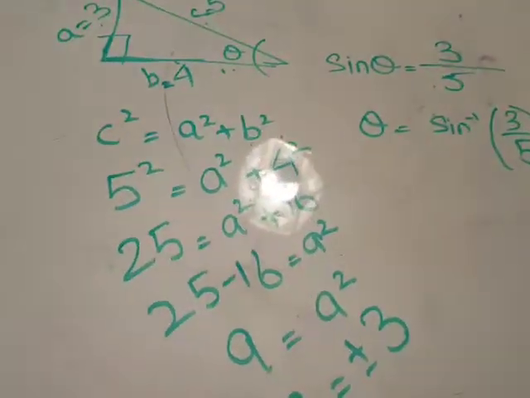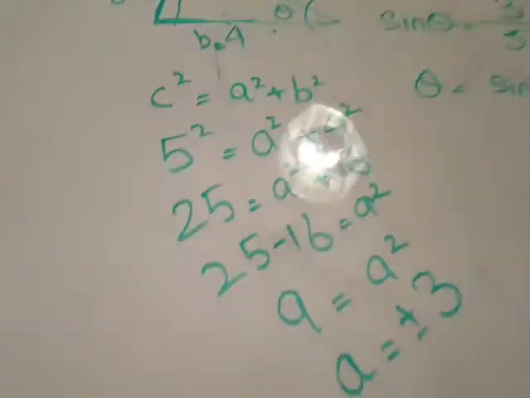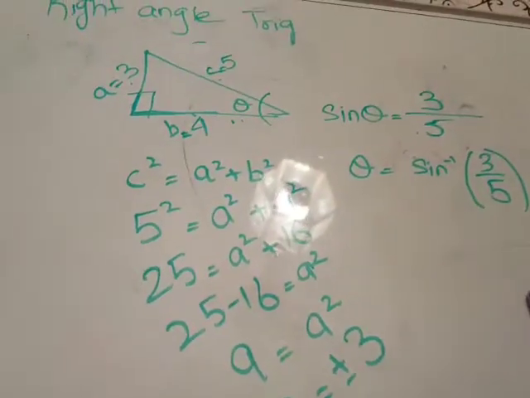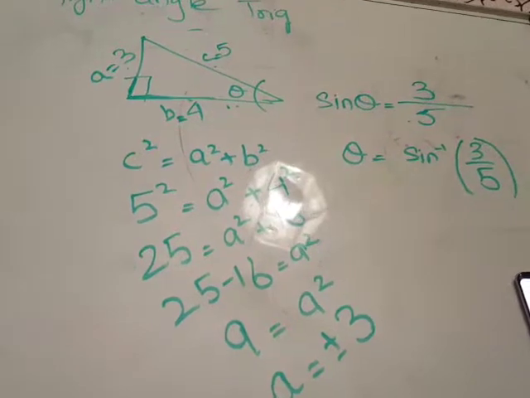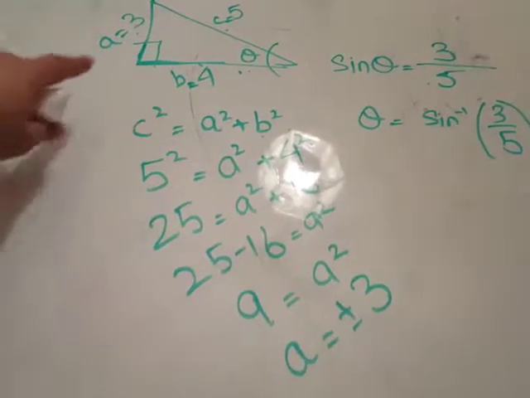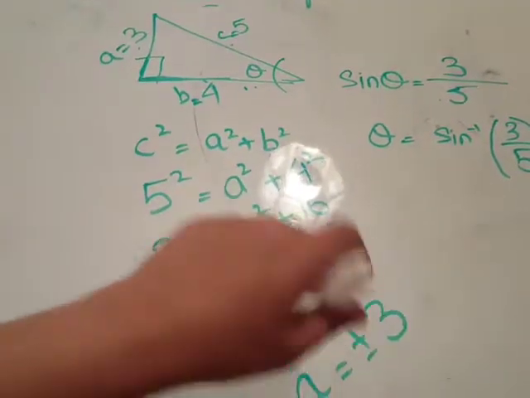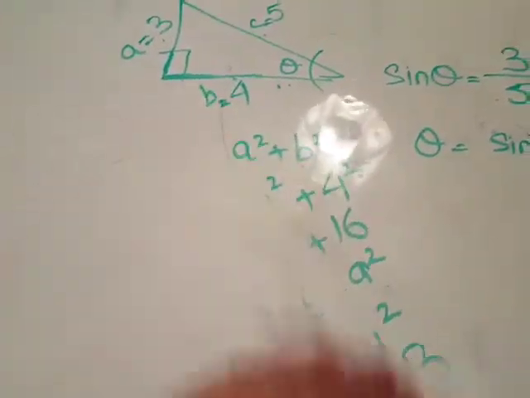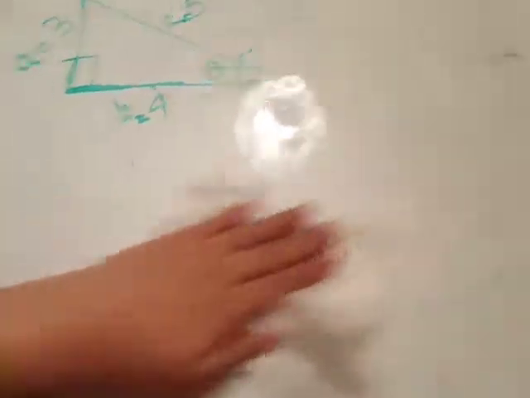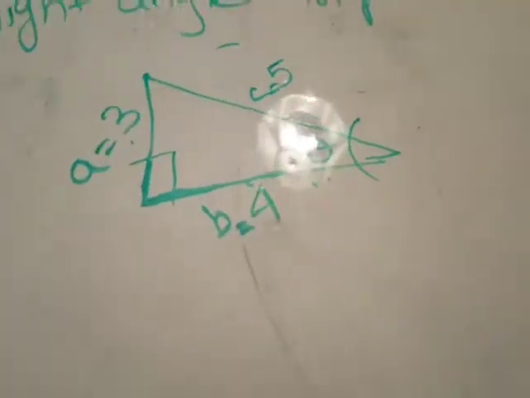You can also do this question in another way. First, what I taught you is to find the missing side and then calculate the angle theta. But if you can recall all the formulas, then no big deal.